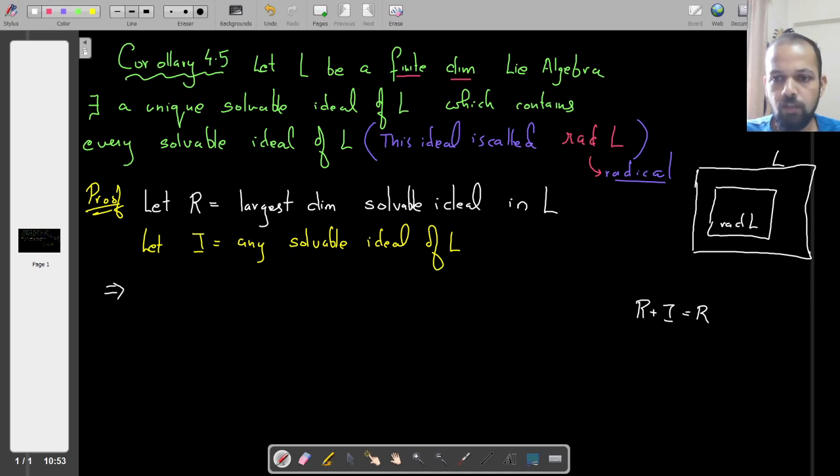Of course, we already know R has to be contained inside R plus I. But why should R plus I be contained inside R? Because R plus I is solvable, and that comes from the previous lemma, which said if I is solvable and J is solvable, then I plus J is solvable. So R is solvable, I is solvable, and this implies R plus I is solvable.